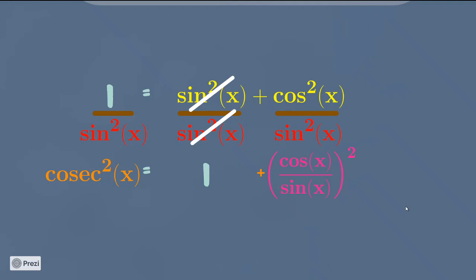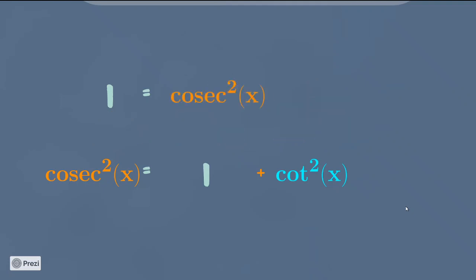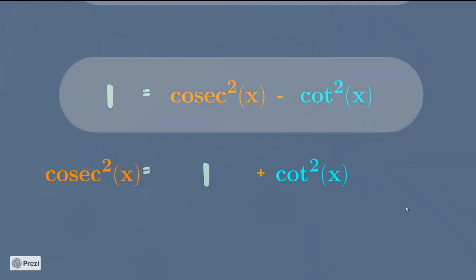Now cos x by sine x is cot of x, so I will write it as cot square x. Rearranging the terms again, 1 is equal to cosec square x minus cot square x. I'm just rearranging the terms, and this is your third identity that you need to learn.